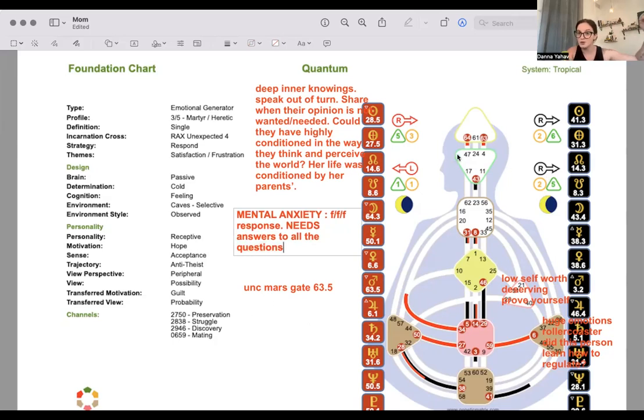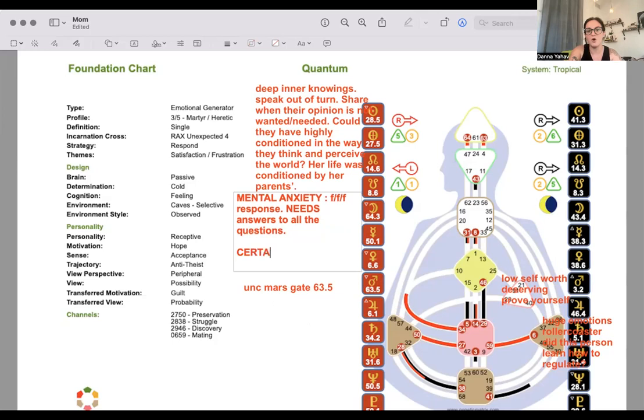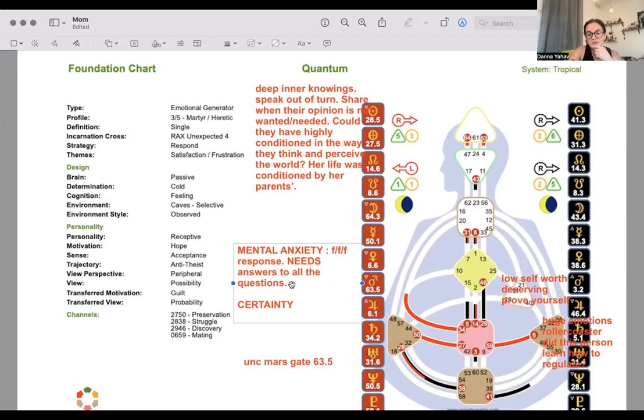Remember I said that once I zone in on one thing, like certainty, now I'm going to look at all of the places where she might have suffered from a lack of certainty, where that became a fear, right? That became a fear of stability, a need for safety and survival. So certainty: I need to know that I'm good enough. I need to know that I have attention, that I'm being heard.